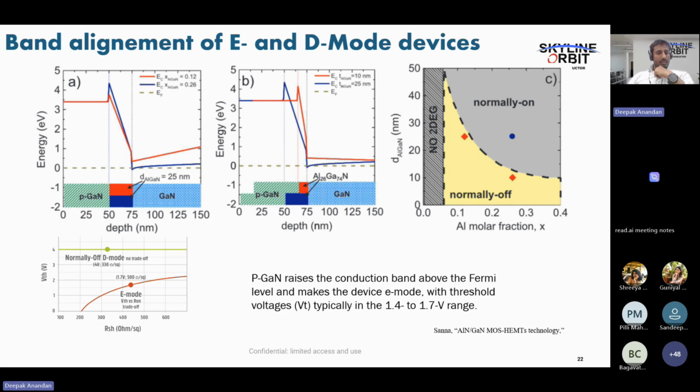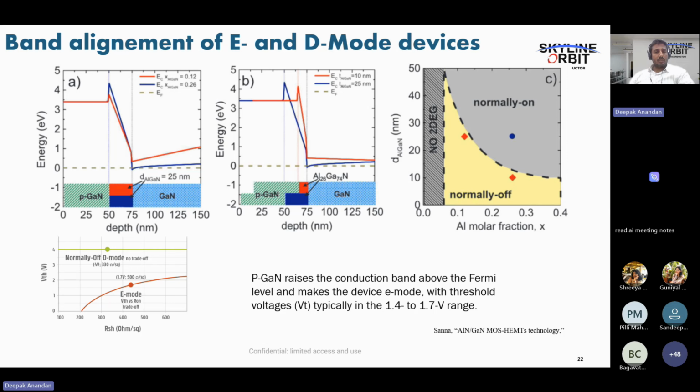If you miss the aluminum composition level, it will jump into normally on because the 2DEG will form, I mean the conduction band will go below the Fermi level. If you look at 10 nanometer aluminum gallium nitride with a mole fraction of 26, it is a little above the Fermi level, so the device will be normally off.